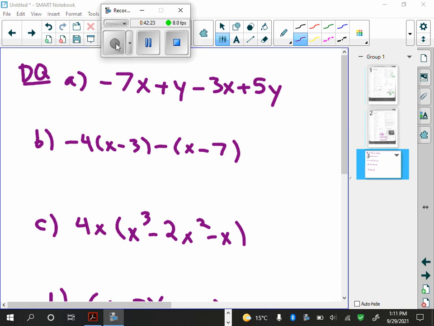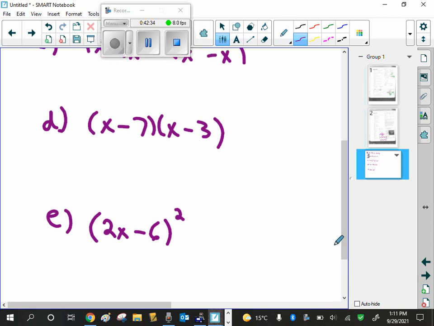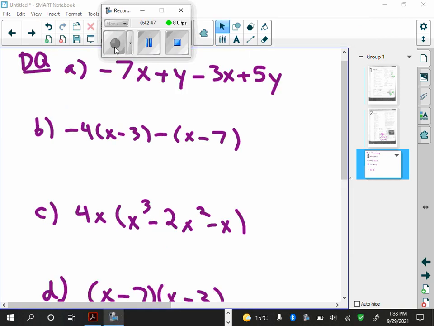Write it down. Podcast people, go ahead and pause this and write down A, B, C, and then I'm going to move it down to D and E. And then pause that, and you can write that down and do them. And then next time you open the podcast, I'm going to start doing these questions fairly quickly. Start now.